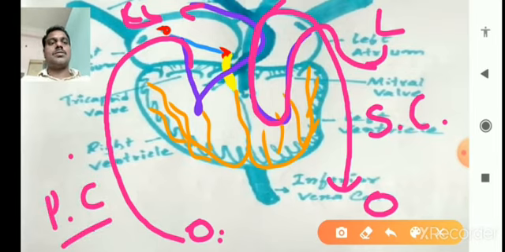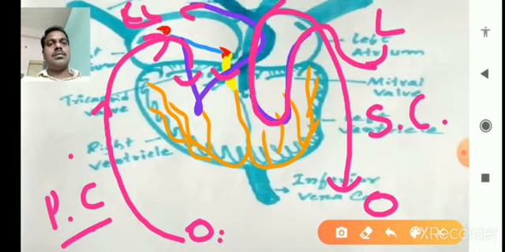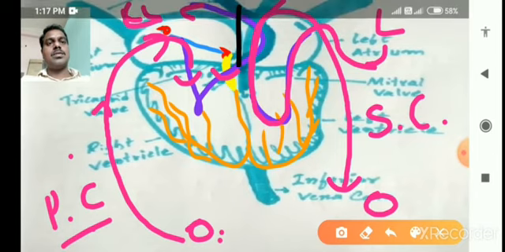So this means one side transfers deoxygenated blood from the heart to the lungs. Yes or no? Half of the heart transfers the deoxygenated blood, and the other half of the heart transfers the oxygenated blood.